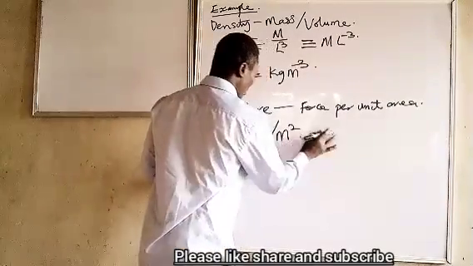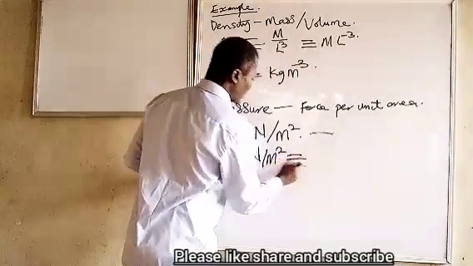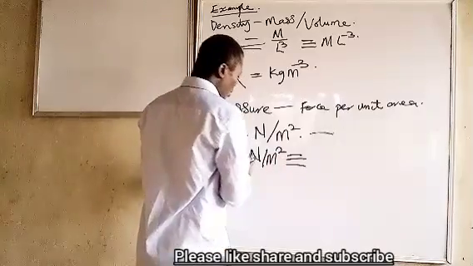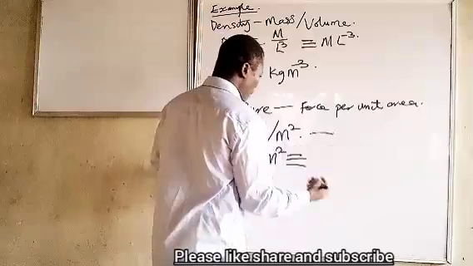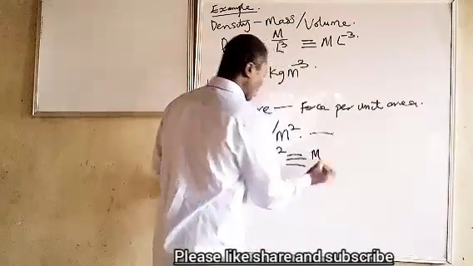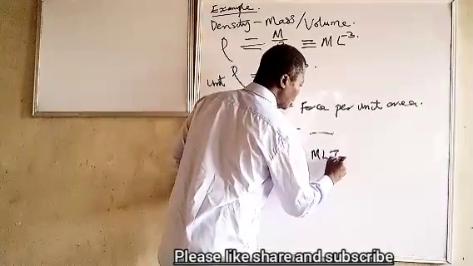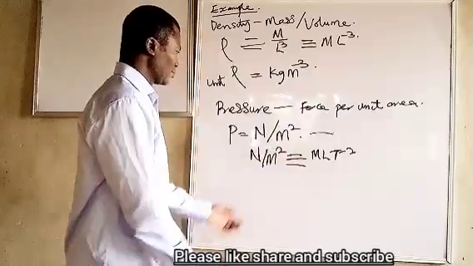So this will give you what is Newton. This one is force, and force is mass times acceleration. So that will give you M. And what is acceleration? L T to the power minus 2. That is acceleration. And what is M?